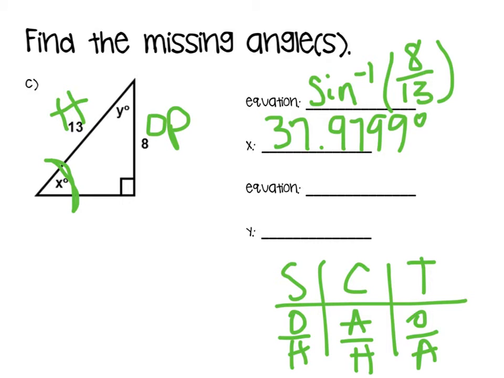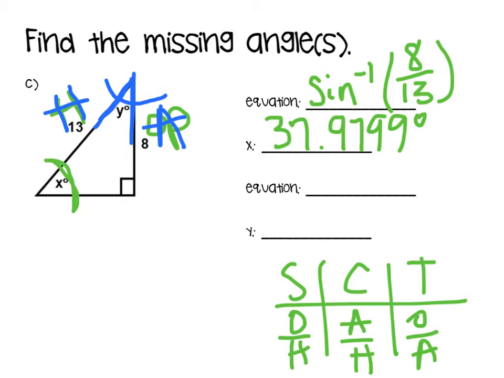Now let's find our y. Remember, when I find my y, the hypotenuse will always stay the same, but now my side that is 8 becomes my adjacent, not my opposite, because it is now helping to form the angle.